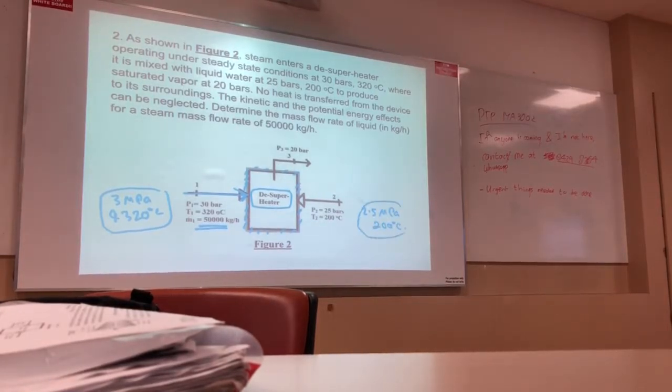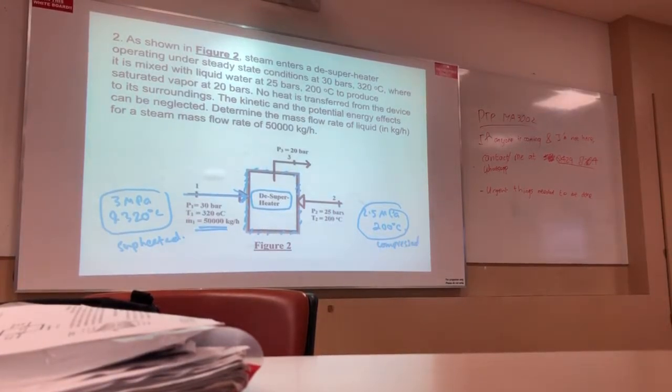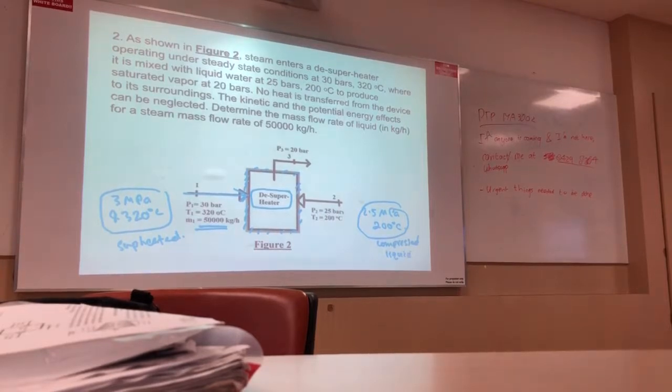This is the compressed liquid fluid. This is the superheated fluid, and this is the compressed liquid fluid. This compressed liquid fluid enters into a desuperheater. So we assume here the mass flow rate is m dot 1 and here is m dot 2, right?